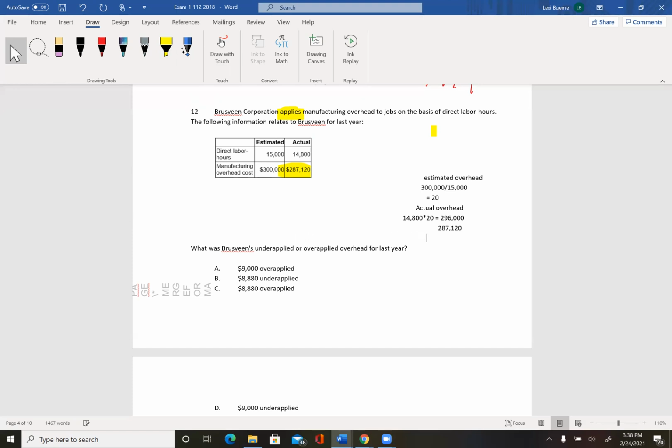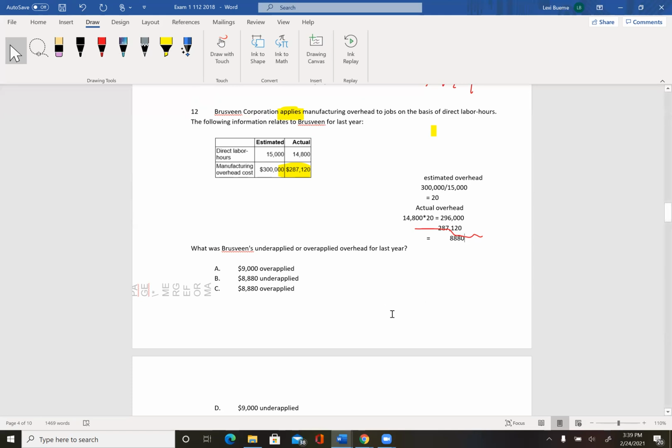and you're going to subtract it. So basically, you're going to subtract 296 from the 287, and that amount is going to give you 8,880.